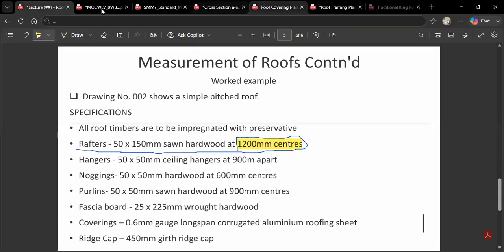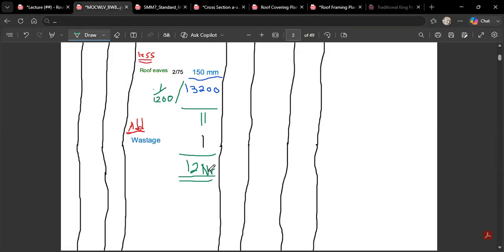Very good. But we want to convert that into the total length. You understand me? We want to convert that into the total length. That 24 number, I want to know it in meters. So if you want to know that total length in meters, what do we do?